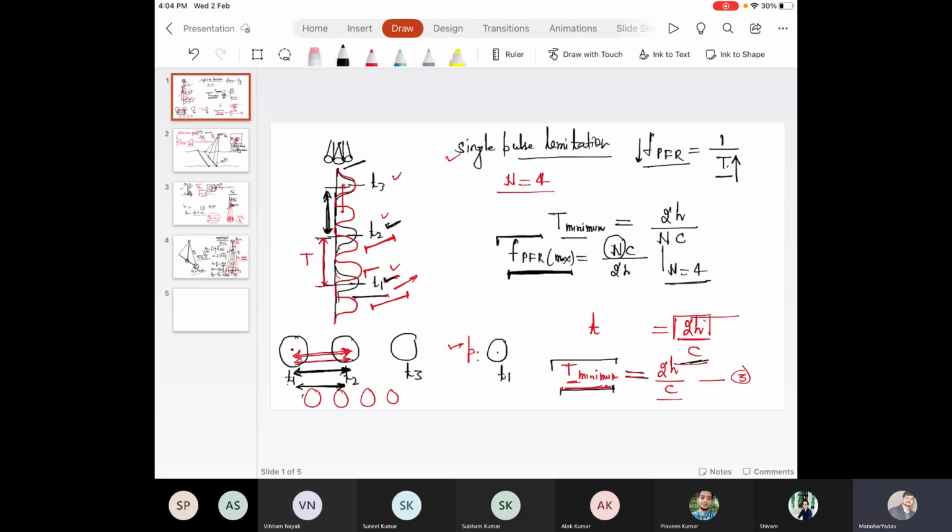Okay. So in the multi-pulse concept, the limitation with respect to the height is further overcome by incorporating this multi-pulse concept.